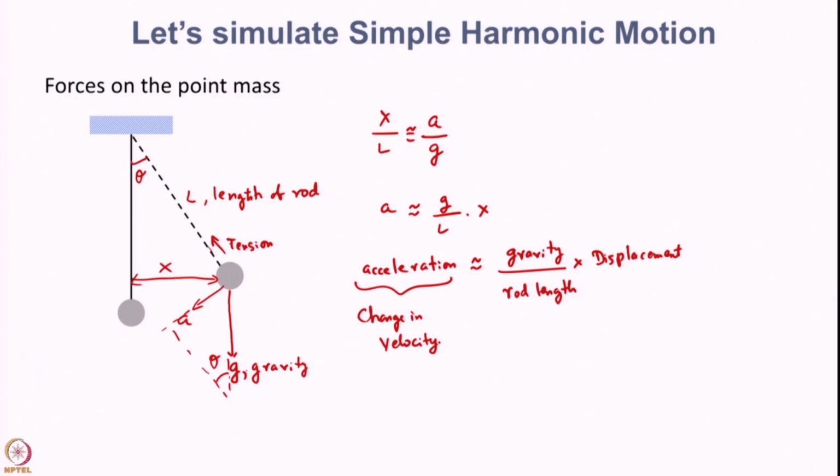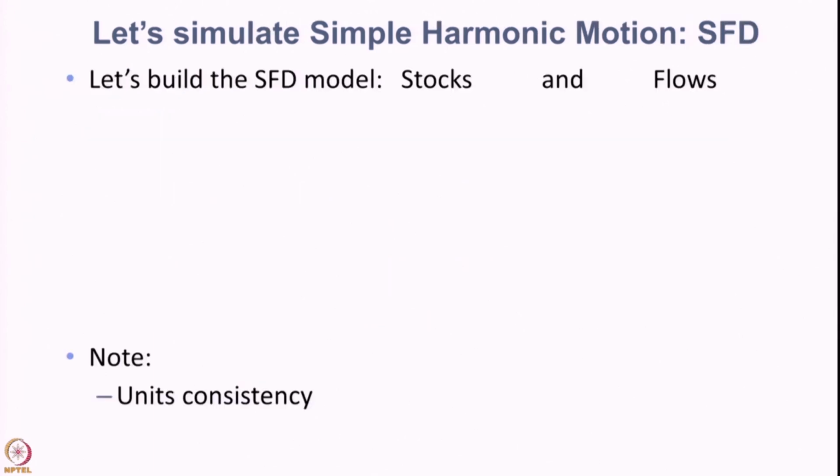Now with this we can actually move on to the model. Typically we know gravity is defined as 9.8 meters per second square, that is the force of gravity, which is what we are going to use in this model also. So now coming back and summarizing the stock and flow model, we have already defined two stocks.